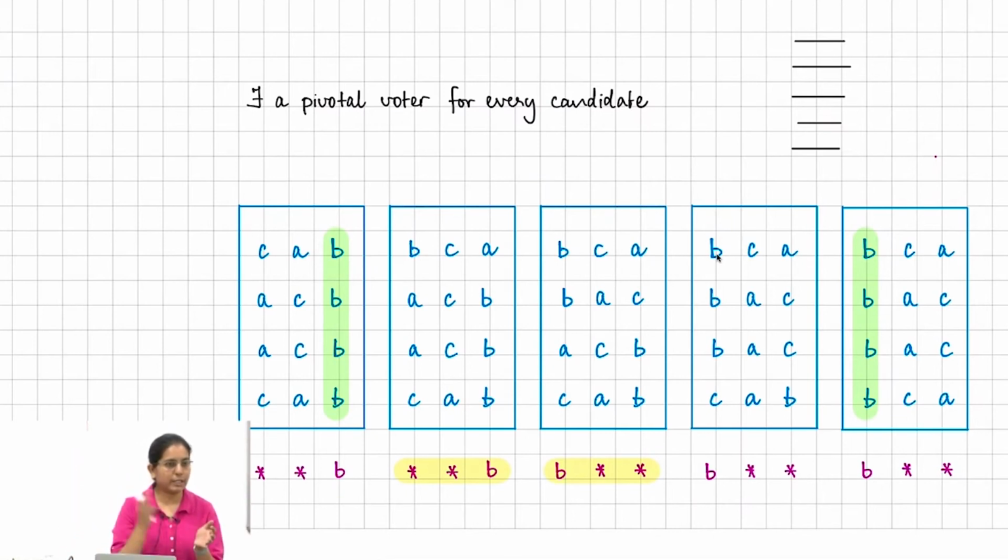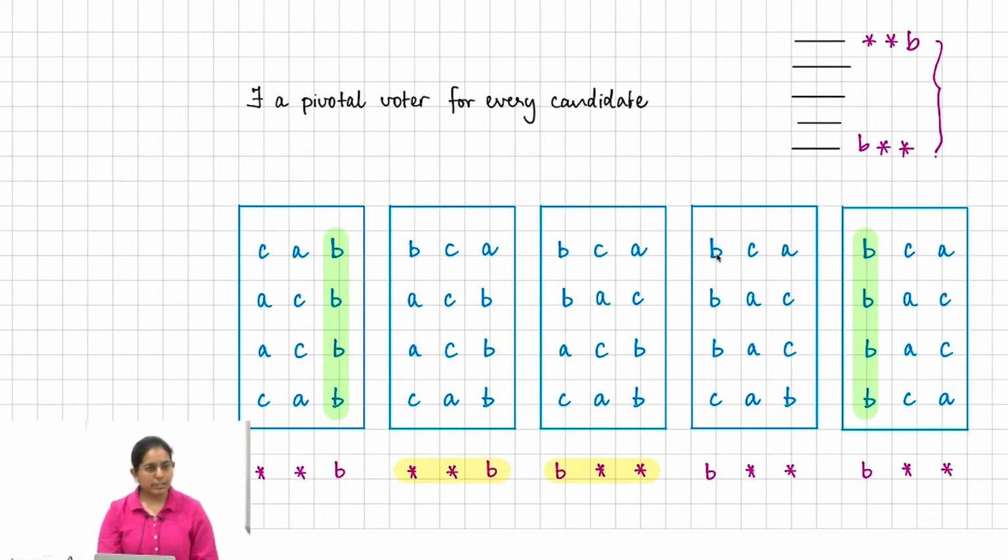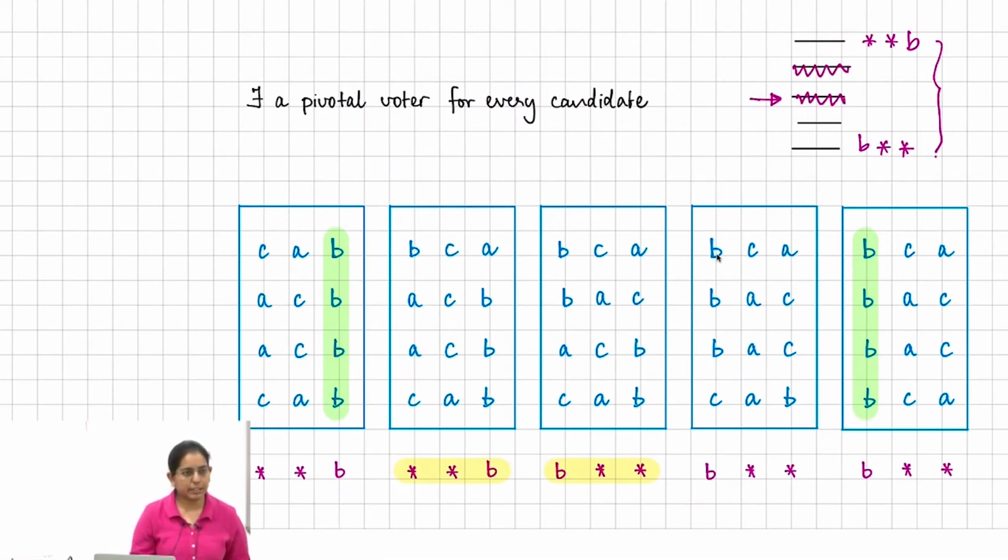More and more voters are promoting B to the top, right? And we know that in the beginning it was star star B and in the end it was B star star, right? So in this journey, somewhere the outcome flipped, somewhere the fate of B changed, right? And all I'm saying is, let's identify the first place where that happened, the first place where it went from being star star B to B star star.